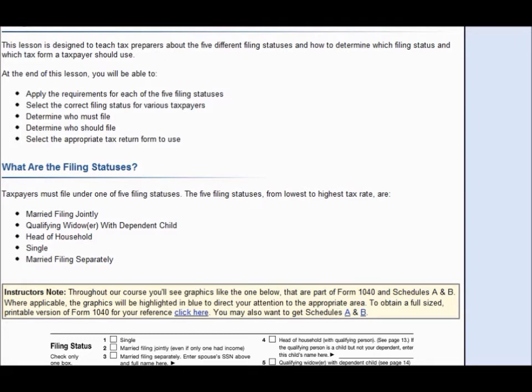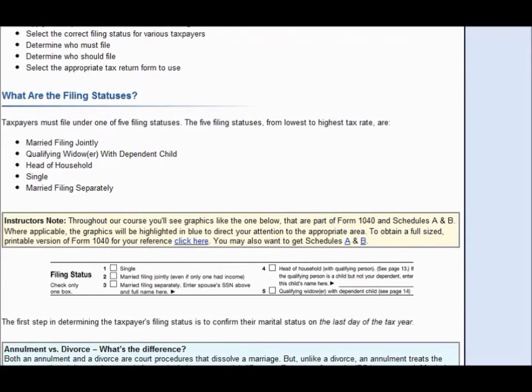Now let's begin. What are the filing statuses? Taxpayers must file under one of these statuses. Notice: married filing jointly, qualifying widower with a dependent child, head of household, single, and married filing separately.